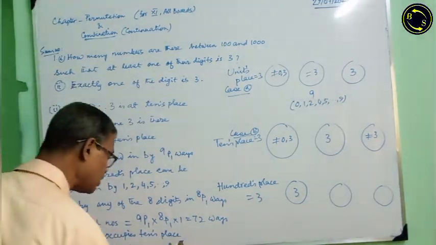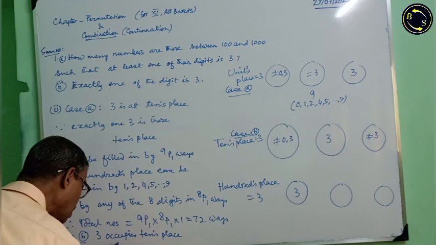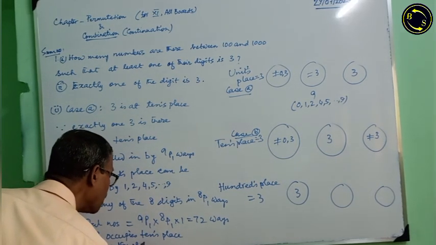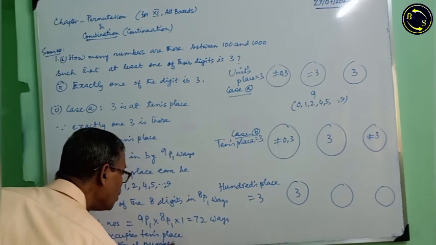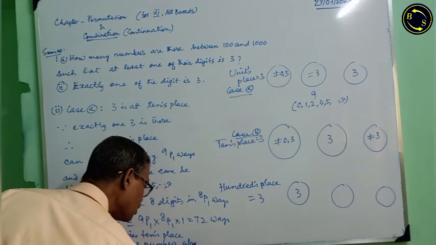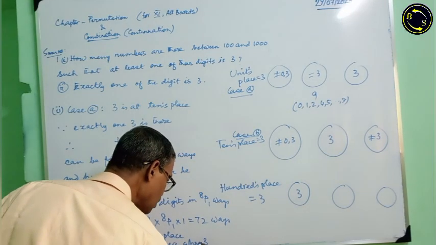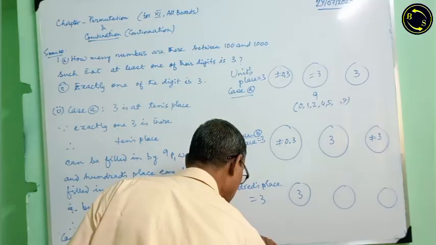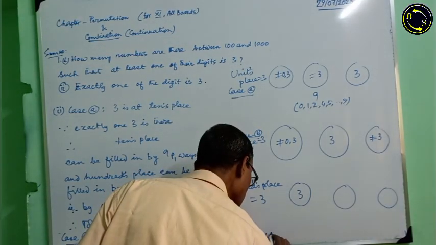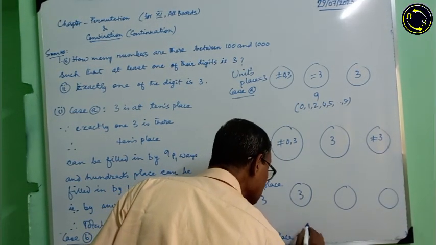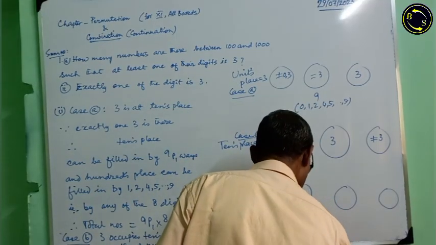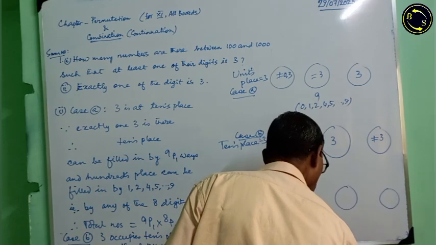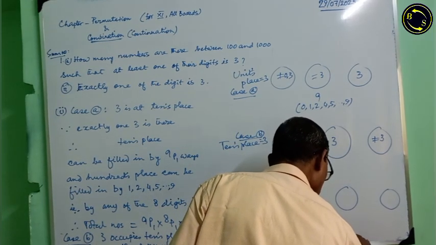Therefore, the number of numbers where 3 is at the tens place is equal to 8p1 into 1 into 9p1.